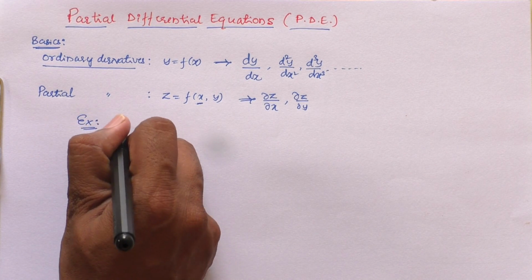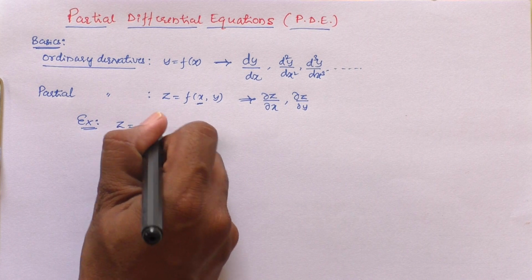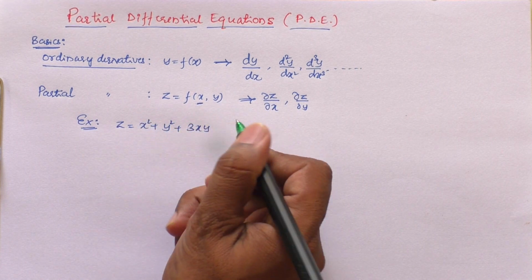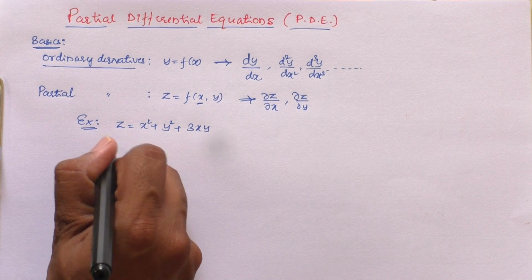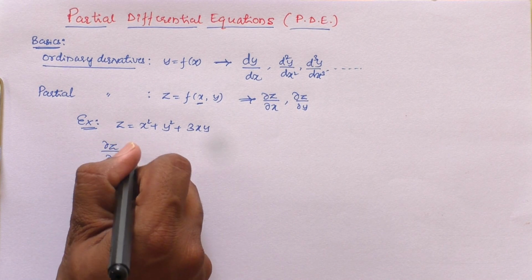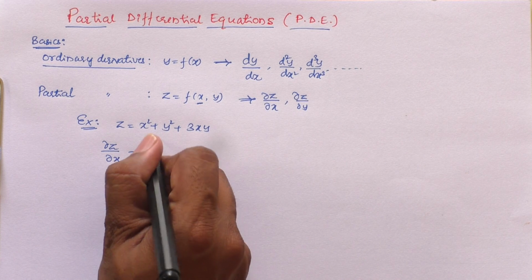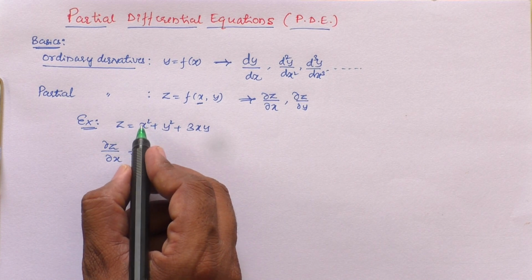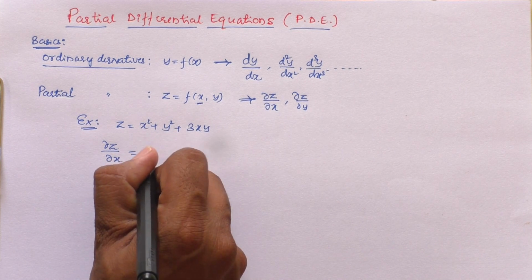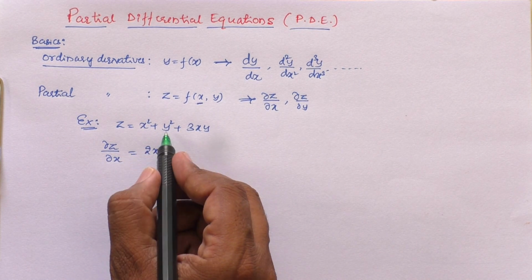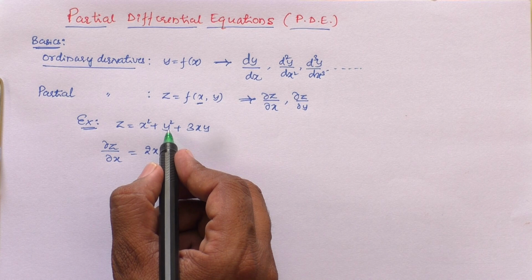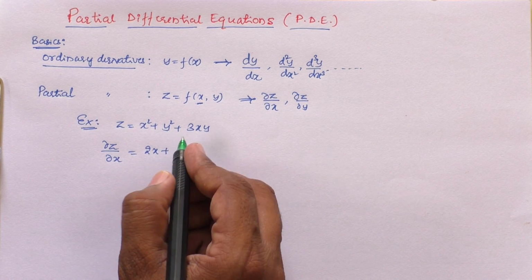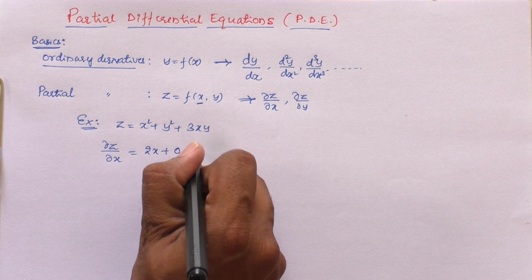Example, z equal to x square plus y square plus 3xy. If this is the example, what is dou z by dou x? Dou z by dou x means differentiate z with respect to x. With respect to x, x square differentiation is 2x, plus y square. Y is the other variable, so whenever we are differentiating with respect to x, treat y as constant, so the derivative is 0.